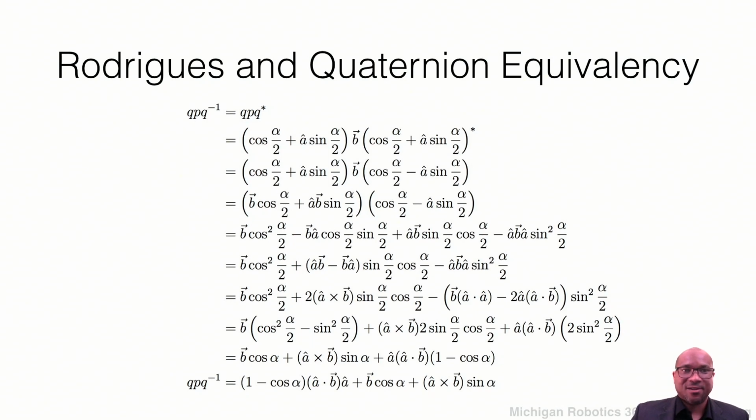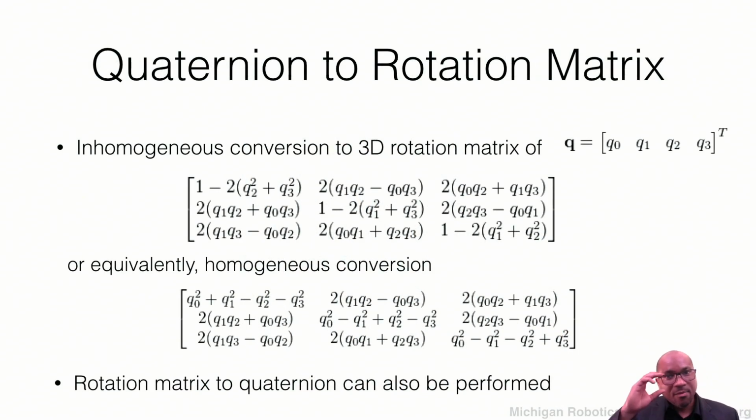The slides are online. Whenever we have a quaternion, we can convert that to a rotation matrix, and that's what we're going to do in this case. It's probably inelegant, but it's the quickest thing we can do for this class.